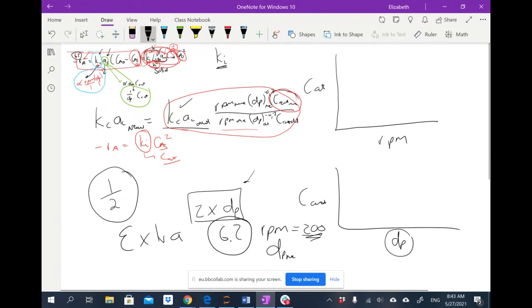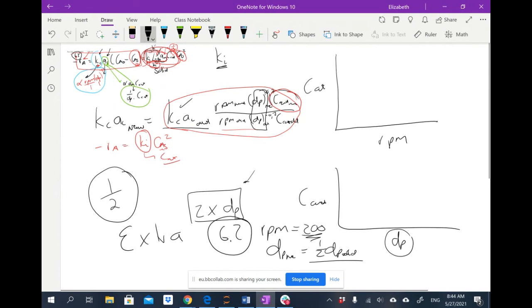So your new particle diameter is half of your old particle diameter. You don't specifically need to know the value of that particle diameter. You just need to know what that ratio is, because in here you can write that as a ratio.